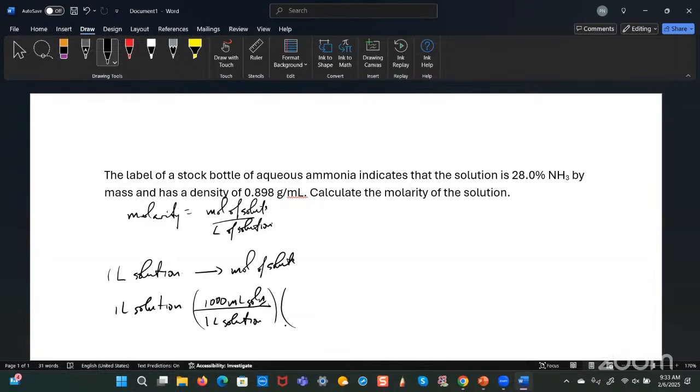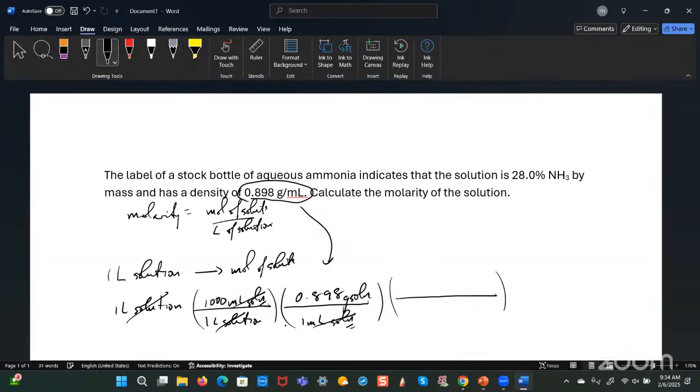And then, based on the information provided, I can find the mass because the question gave us the density in grams per mL. So I'm going to express this as a conversion factor here, where I'm going to put 0.898 grams of the solution above, and below I'm going to put 1 milliliter of the solution, right? So this would go with that, that would go with that. So up to this point, we would have determined the mass of the solution.